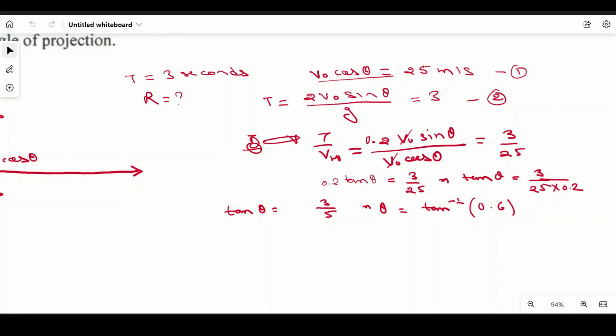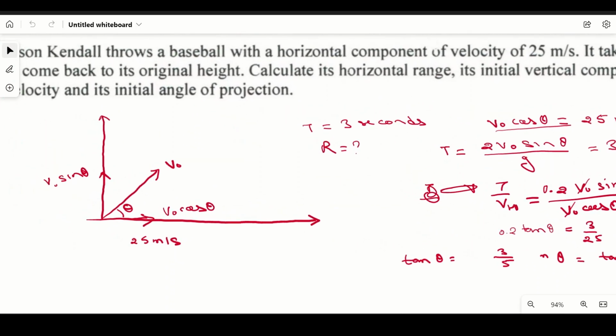If you find it from the calculator, you will find the value of theta is 31 degree. I will calculate it on my phone; you can also calculate it in the calculator. You will find the value of tan inverse 0.6 is equal to 31 degree. Okay, so we have found the angle theta, which is asked in the question.